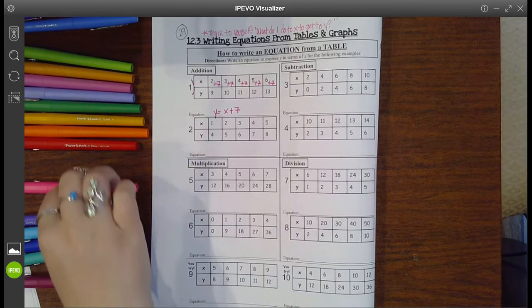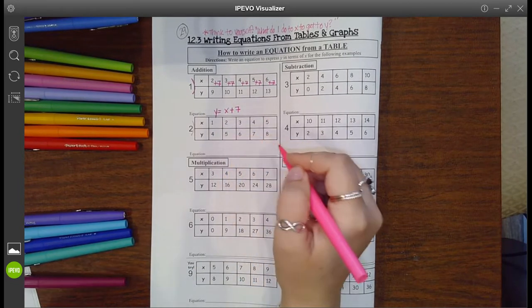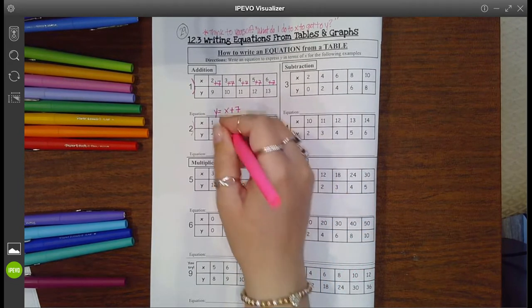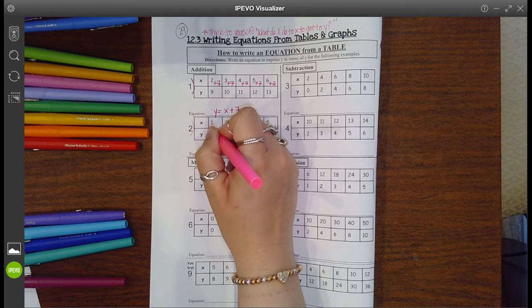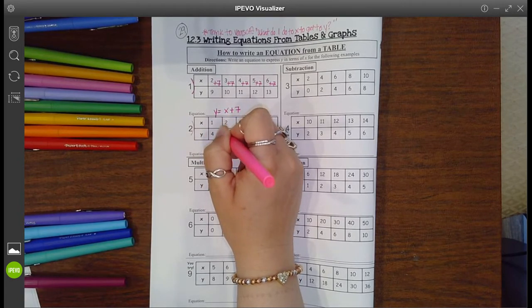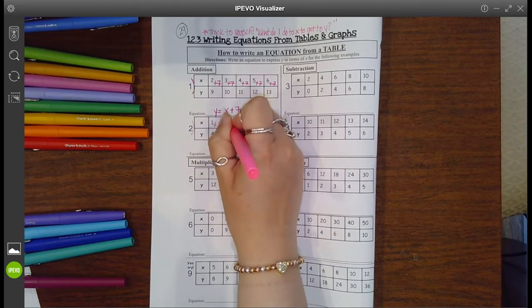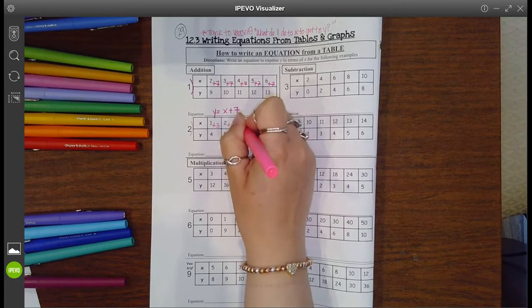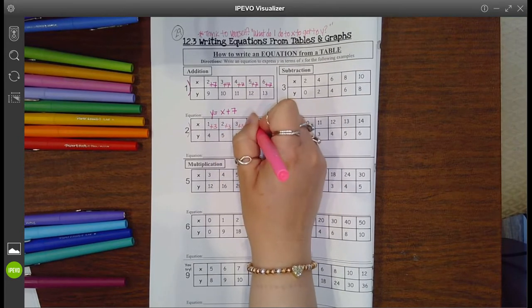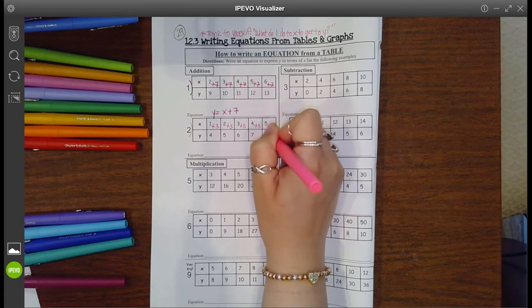For problem 2, again, from x to y, they're getting bigger, so you're adding or multiplying. Well, I could go 1 times 4 to get 4, but 2 times 4 is not 5. So let's try adding instead. 1 plus 3 is 4, and 2 plus 3 is 5. 3 plus 3 is 6. 4 plus 3 is 7. 5 plus 3 is 8.